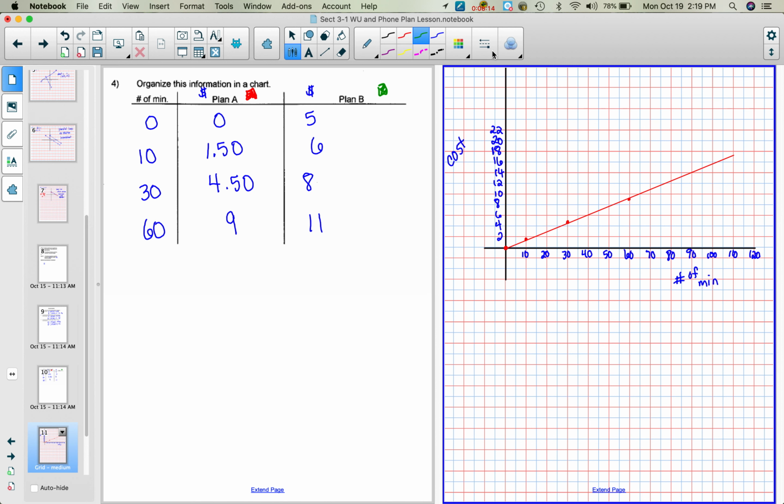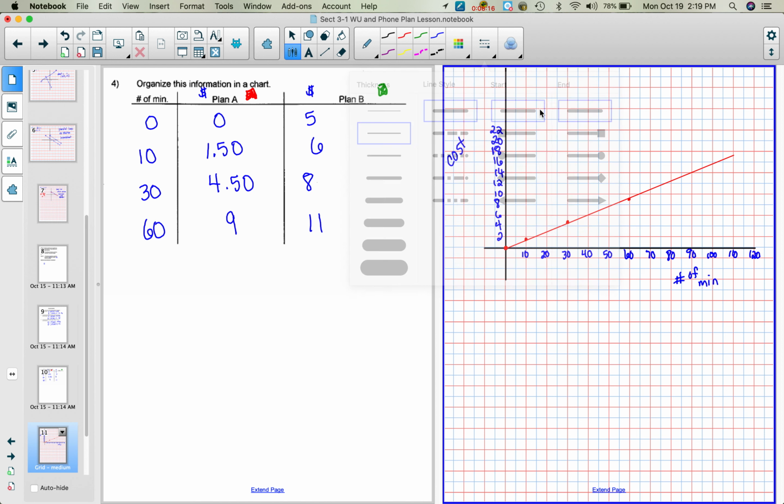And now we're going to graph Plan B. So I have 0, 5, 10, 6, 30, 8, 60, 11, and I'm going to graph that line.